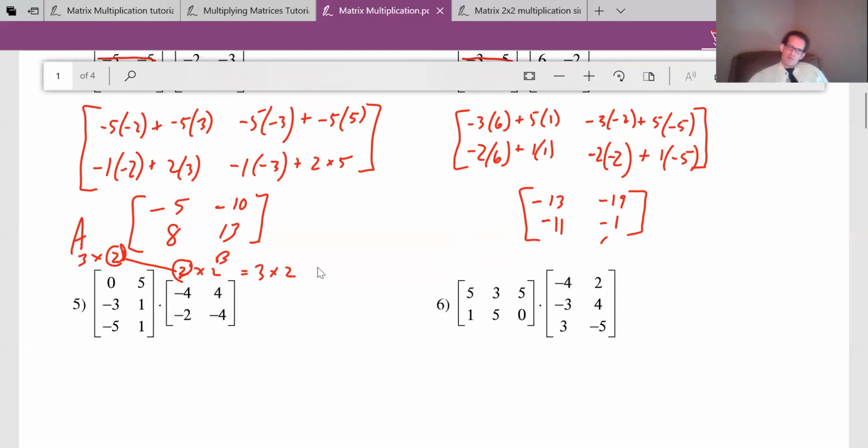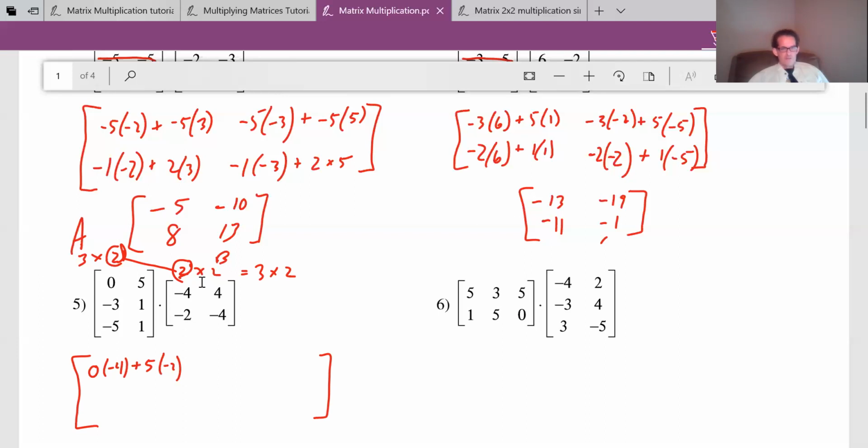So again, I'm doing row by column. This row by this column, this row by this column. So let's do that together. So I have 0 times negative 4 plus 5 times negative 2. Okay.